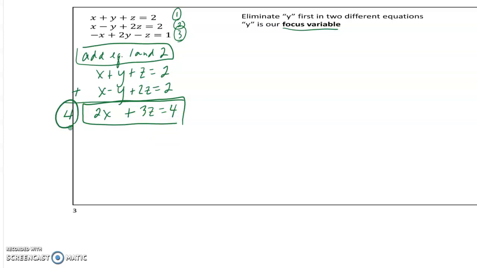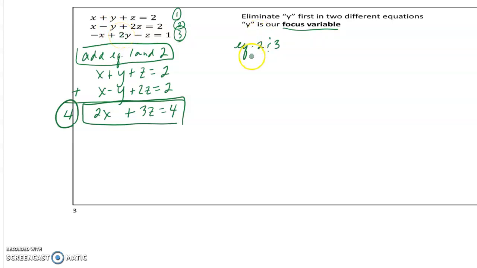Now I've picked y and I have to stick with y. I'm going to eliminate y from two other equations, so I'm going to choose equation 2 and 3. Looking here, if I multiply equation 2 by 2, I'll get a negative 2y and a positive 2y, and when I add them together the y's will eliminate.